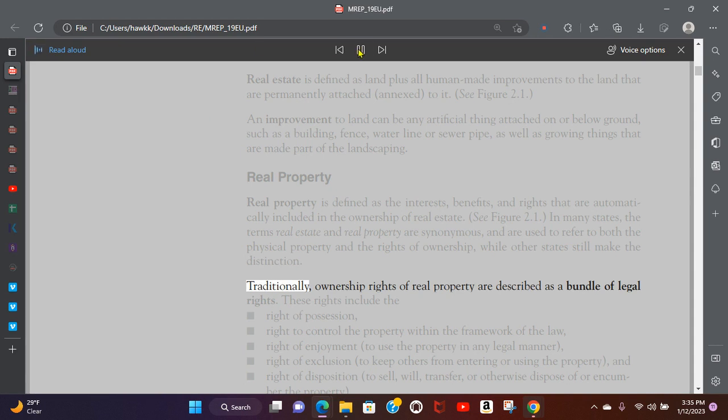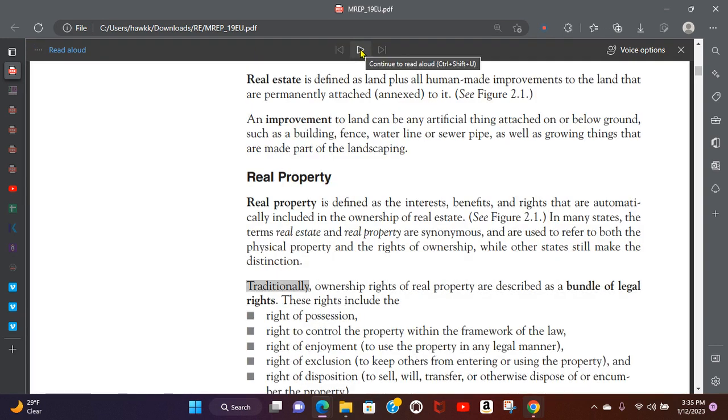Tradition. See, what you gotta overstand is when they say other states, they're saying the east states. You see what I'm saying? You see what's happening? Real property is defined as the interest, benefits, and rights that are automatically included in the ownership of real estate.